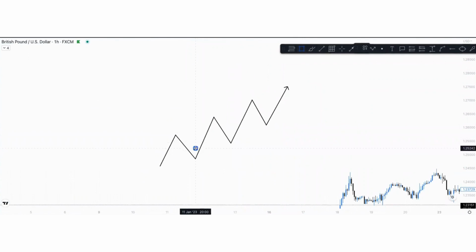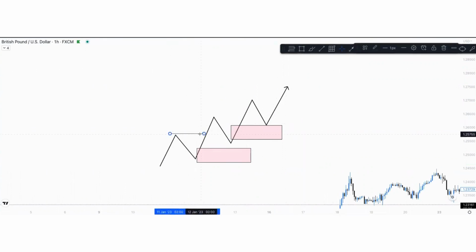Demand like this one on this area, and so on. You will notice that the demand is created once the price has a new high.